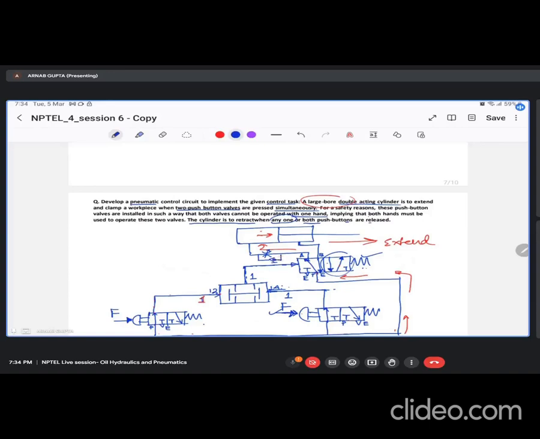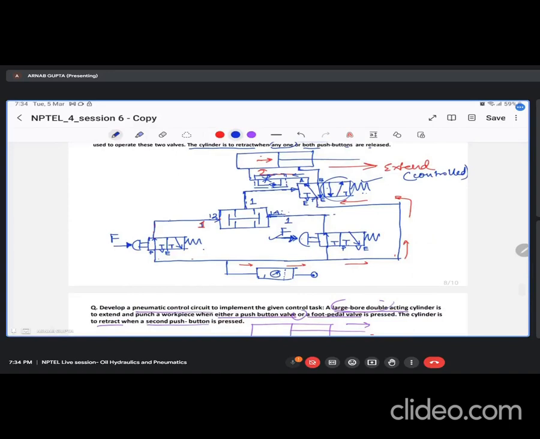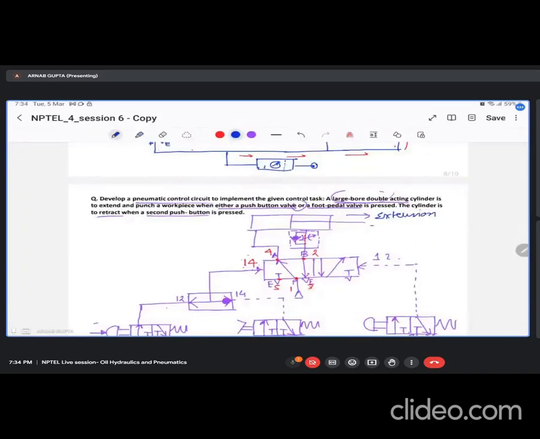So when your flow is happening from this direction, it should flow through this particular flow control valve only. So your extension is controlled by the flow control valve. Here also extension is controlled.